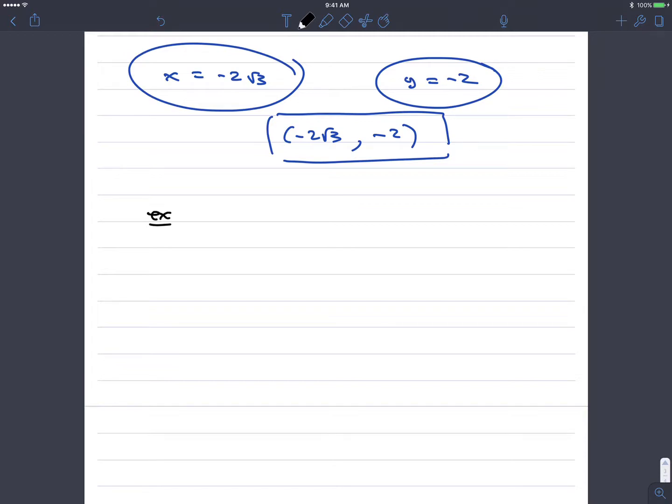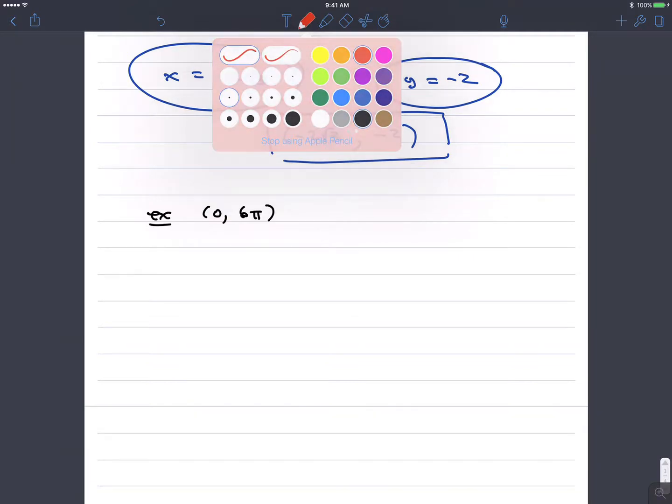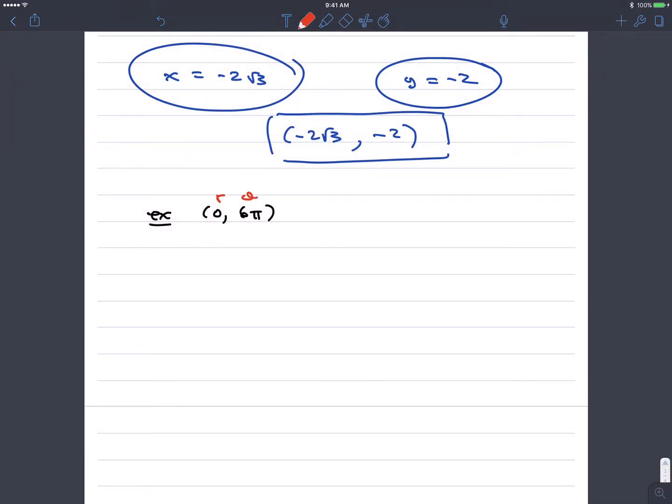All right, how about, let's do something kind of trivial. What if they say 0, 6 pi? And it's not that trivial, but here's my radius, here's my angle theta.